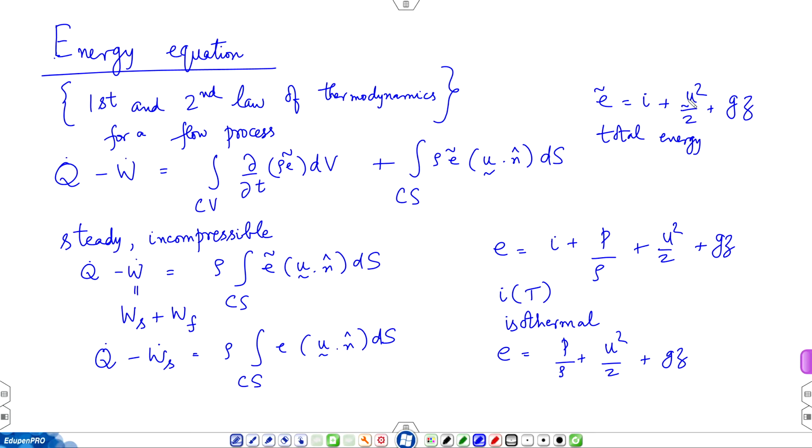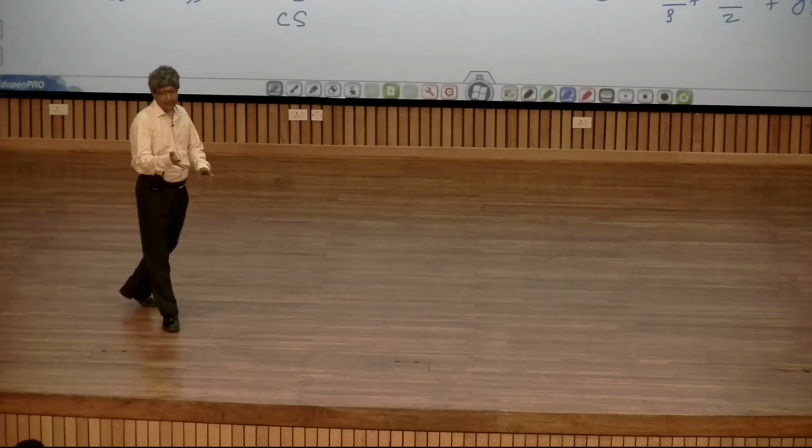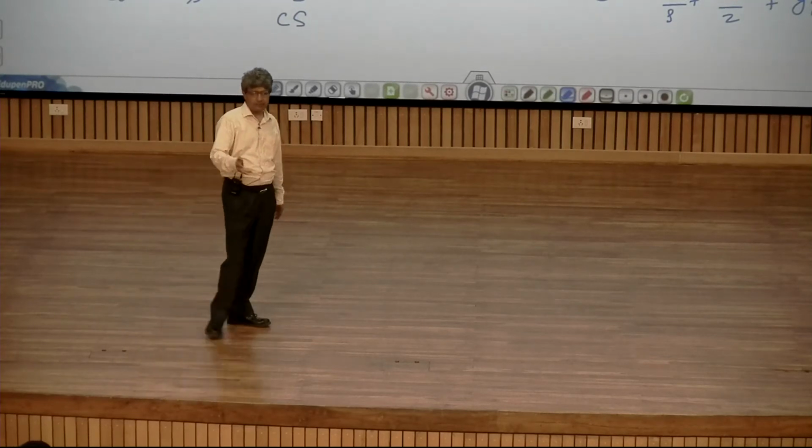One important consequence of making the flow isothermal is on Q dot. So, in the previous class we talked about how natural processes tend to be dissipating, irreversible.